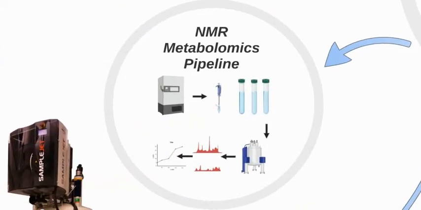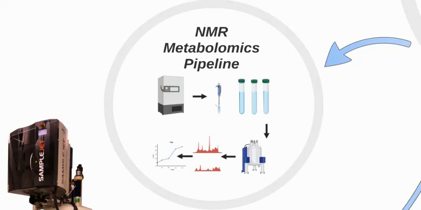The NMR pipeline. NMR samples are often stored at -80 degrees Celsius, although depending on the sample, there are guidelines on how to optimize storage and collection to maintain sample integrity.